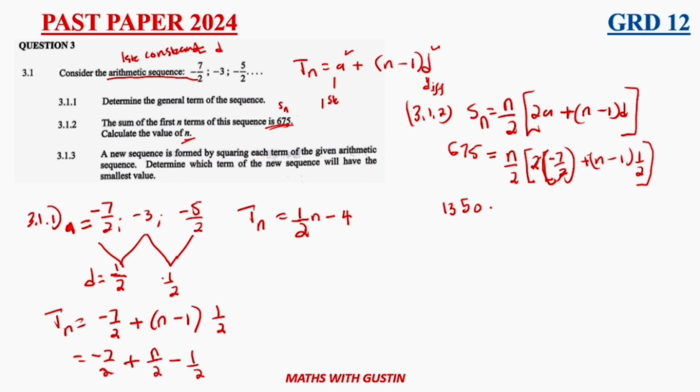135. This, guys, is just algebra. You can simplify any way, just be careful with mistakes. Don't make mistakes. Now here I'm going to be left with -7 because the 2 and 2 are cancelled out. Therefore, in this case, you are going to have 1 over 2 n minus half, close bracket.